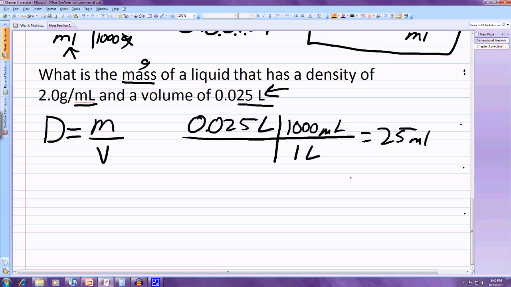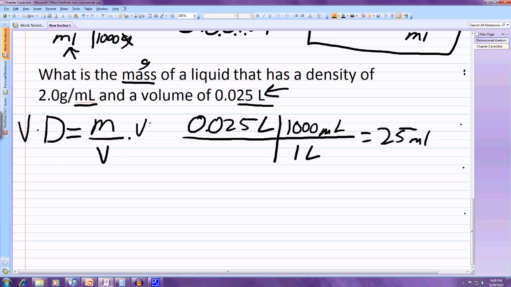Now, that's not our final answer. We just needed to convert something first. So we've got density equals mass divided by volume. We need to rearrange it so mass is what we want. To do that, we multiply both sides by volume.